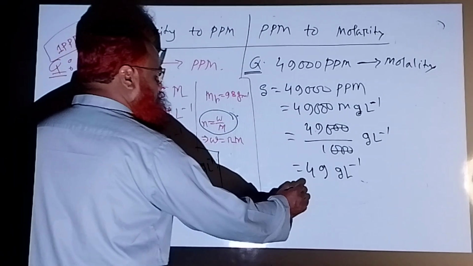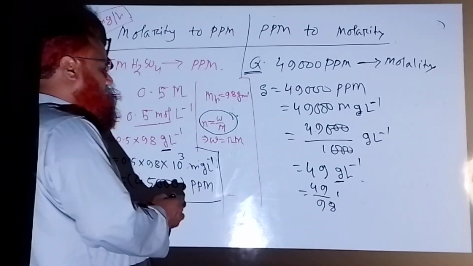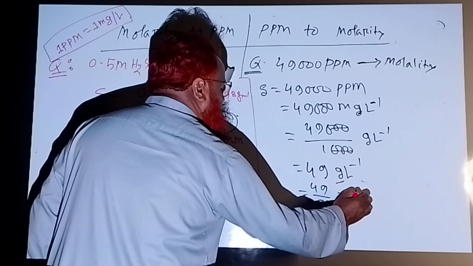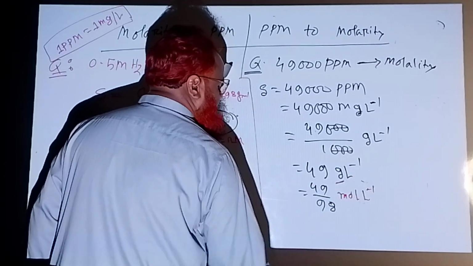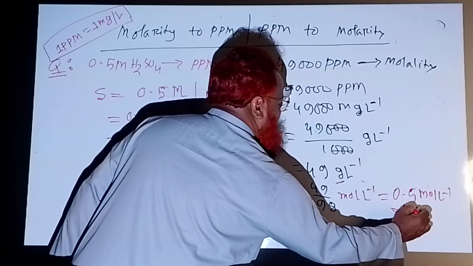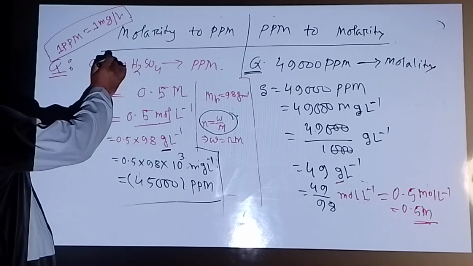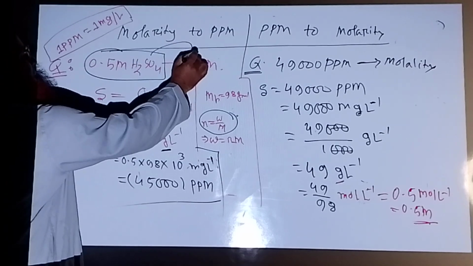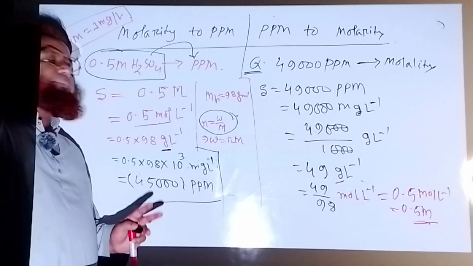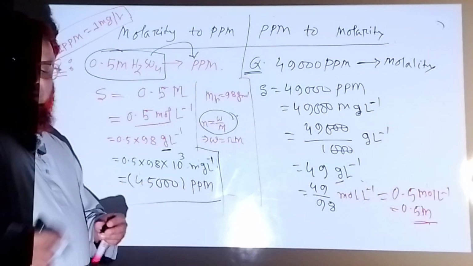So, 49 divided by 98 molecular weight, then gram is converted into mole, and per liter as it is, then we will get 0.5 mole per liter, or you can write 0.5 molar. So, very simple, we have converted this 0.5 molar H2SO4 to ppm, and here 49000 ppm to molarity. So, it is a very important interconversion of your maths. Okay. Now, the next.